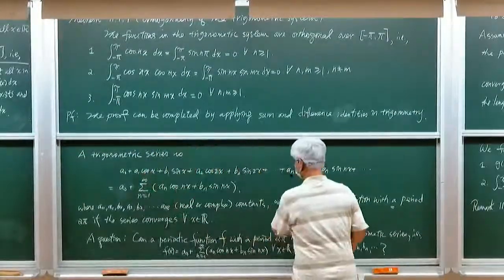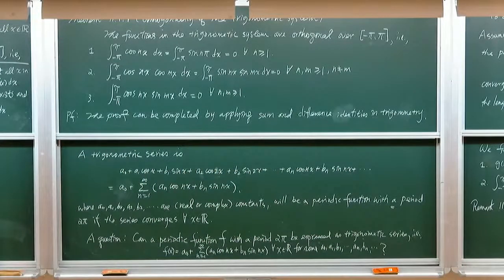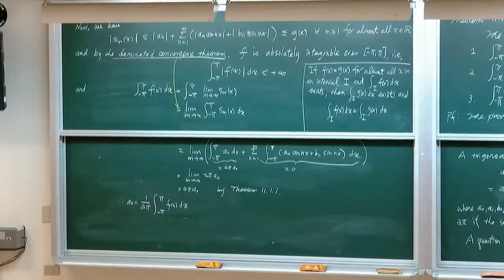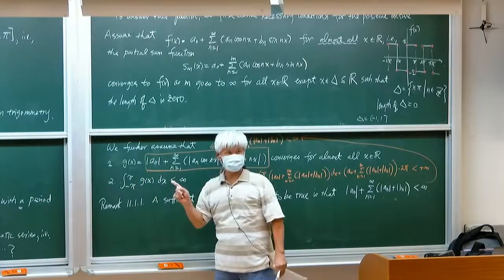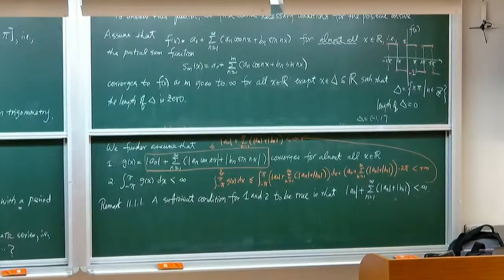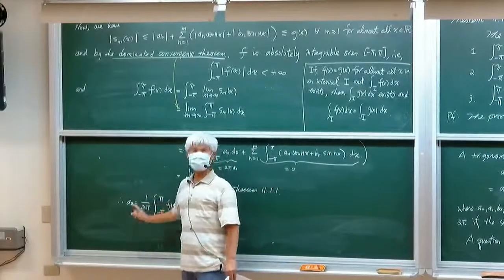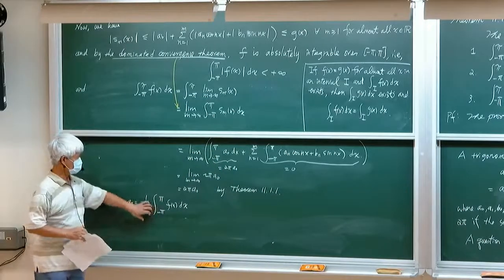So if the answer is positive, plus 2 additional properties here, and we assume we have these 2 further properties, which in many situations are easy to check, then we know how to find A0, the constant. The constant is just 1 over 2 pi times this integral.